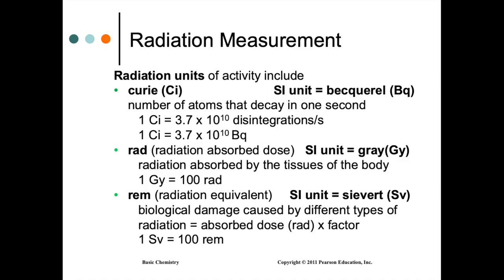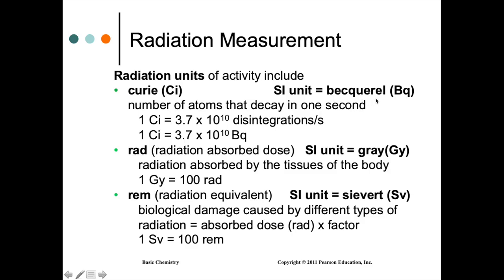Another word for measuring the straight number of counts of radiation hitting our Geiger counter is the becquerel. This is the number of disintegrations we see in a second. The number of disintegrations we see per second, that's known as a becquerel.